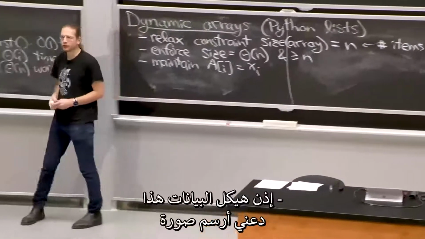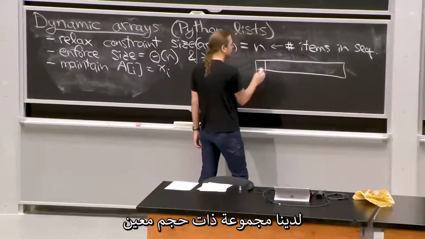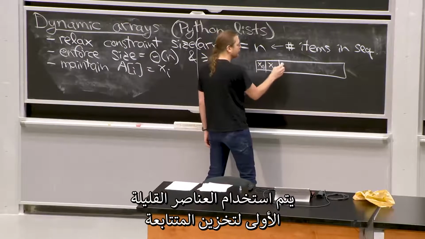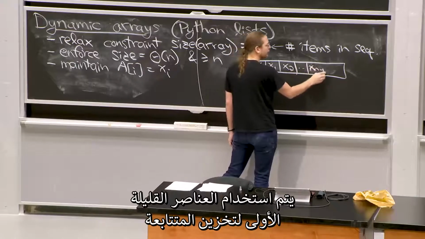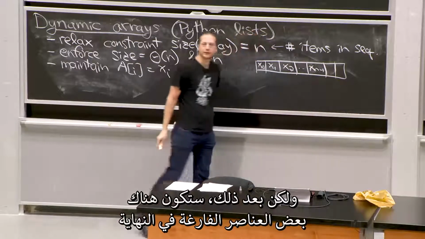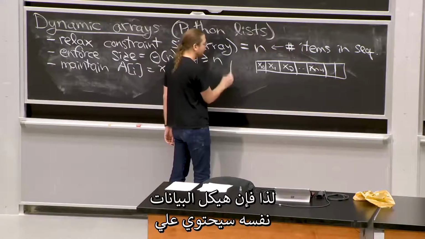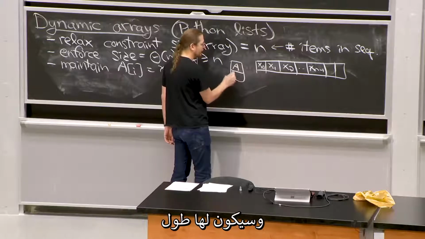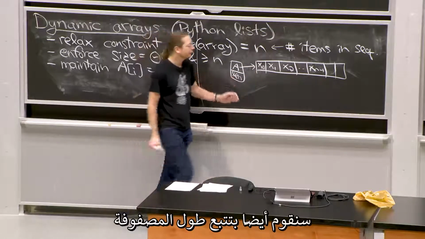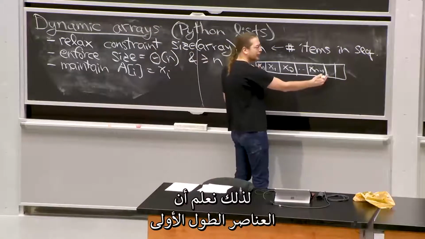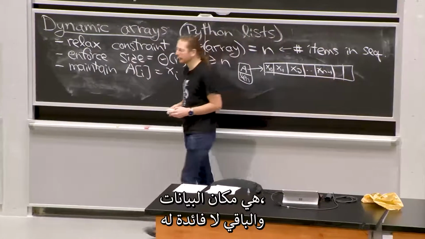Okay, so this data structure, let me draw a picture. So we've got an array of some size. The first few items are used to store the sequence, but then there's going to be some blank ones at the end. Okay, maybe we'll keep track of this. So the data structure itself is going to have an array, and it's going to have a length. So we know that the first length items are where the data is, and the remainder are meaningless.